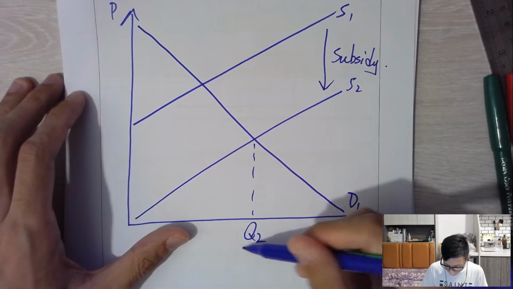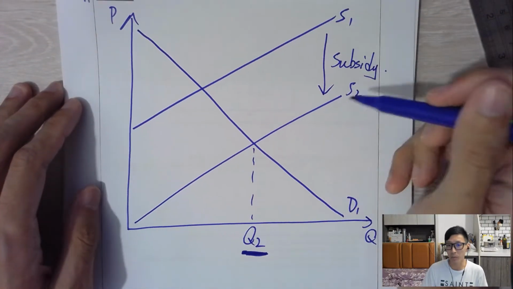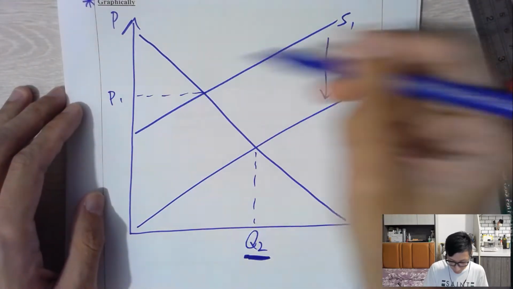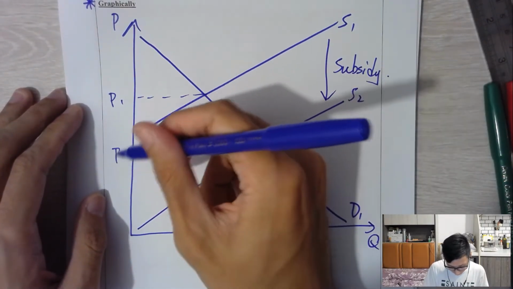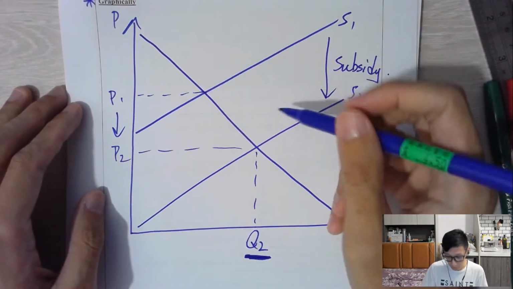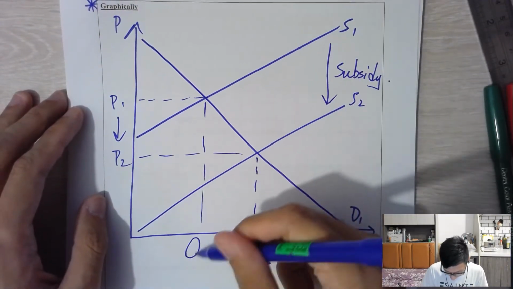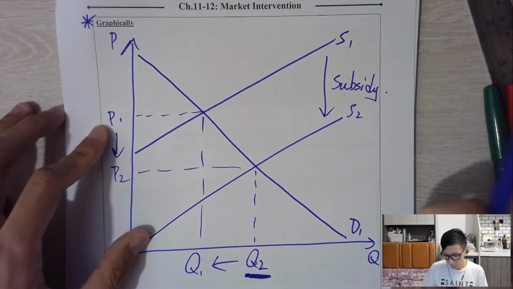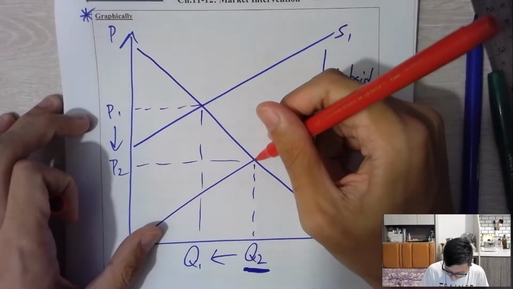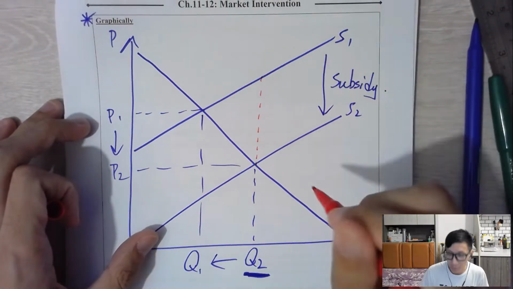Q2 is the important one. Remember Q2 is the important one, so highlight it for yourself. So P1, P2, we know price would drop from P1 to P2. Here we have Q1. Then here, let's give ourselves a barrier here.